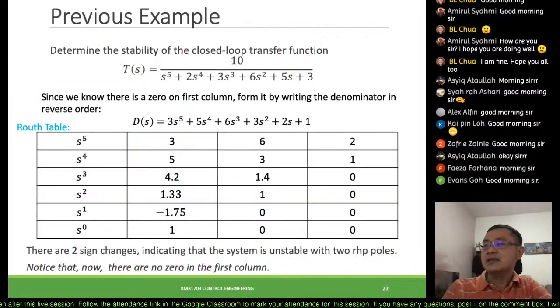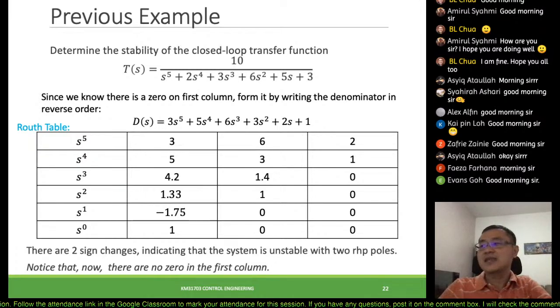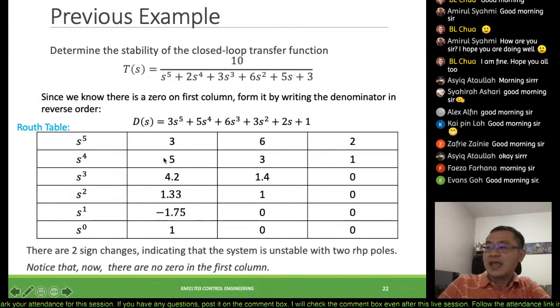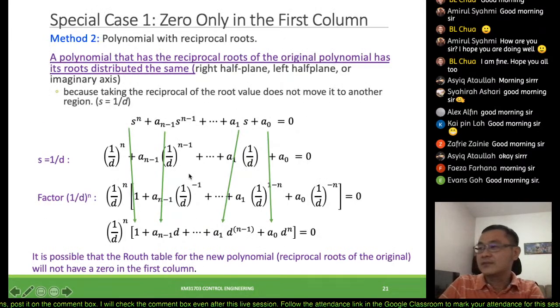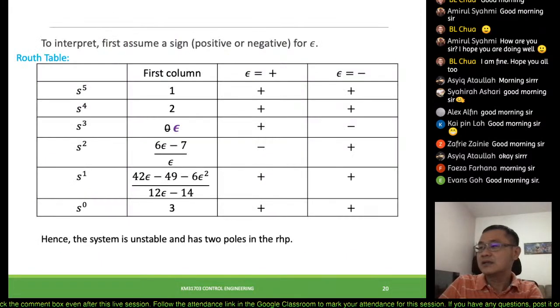So just take an example from the previous case. Our previous case, we know that at s^3 itself this will become 0, alright. Let's go back and check. Alright, so in the previous case, when we reach s power 3, we have a 0 value for this column, right?